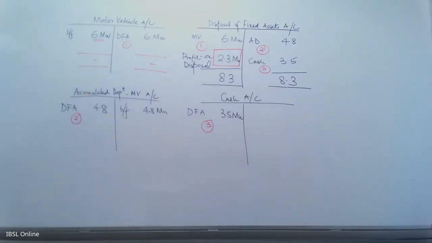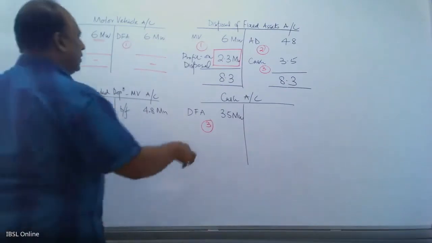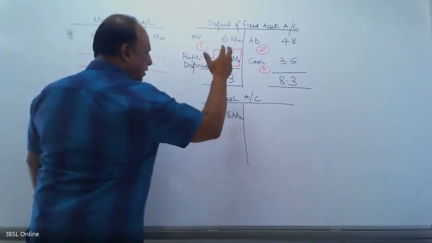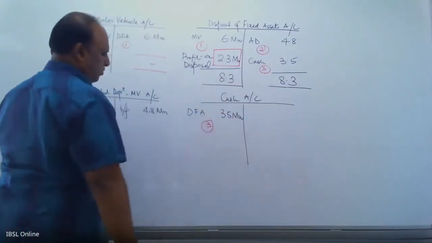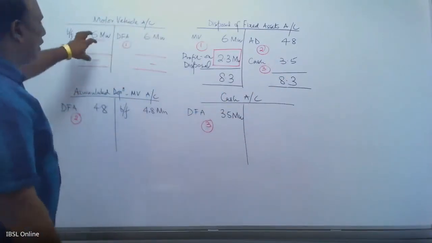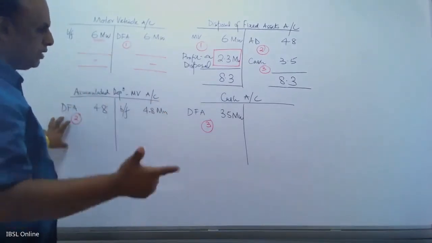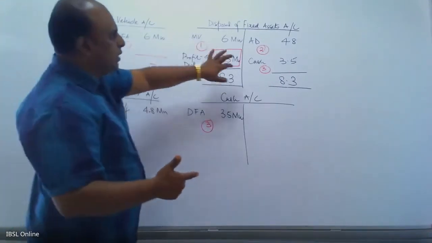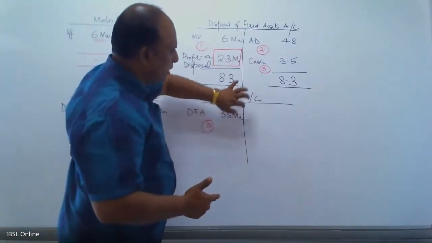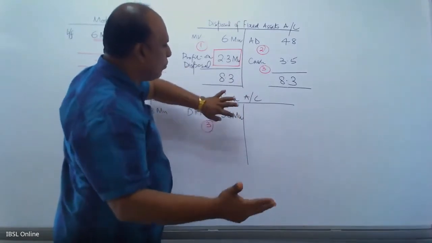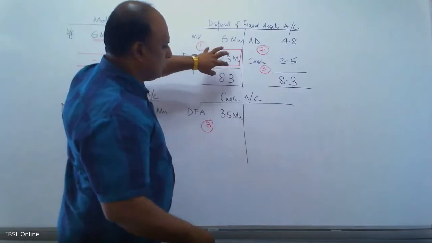When you dispose of an asset, you can end up either having a profit or a loss. Both can happen. Whatever it could be, you have to record it as a profit or loss in your books. So what do we do? We remove the cost, transaction number 1, remove the depreciation, transaction number 2, bring in the sale proceeds for how much I sold it, number 3, and number 4, calculate the profit or loss on disposal.